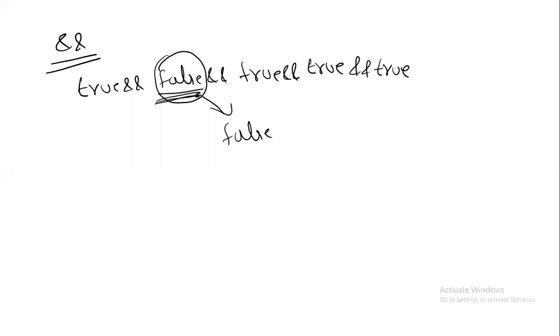That's why the name is logical operator. The compiler will check: this is true, fine, it will go for the next evaluation. This is false. Now the compiler knows that in the AND operator, even if one condition is false, the whole output is false. That is why the compiler will immediately come out of the evaluation and will not execute the remaining evaluations.